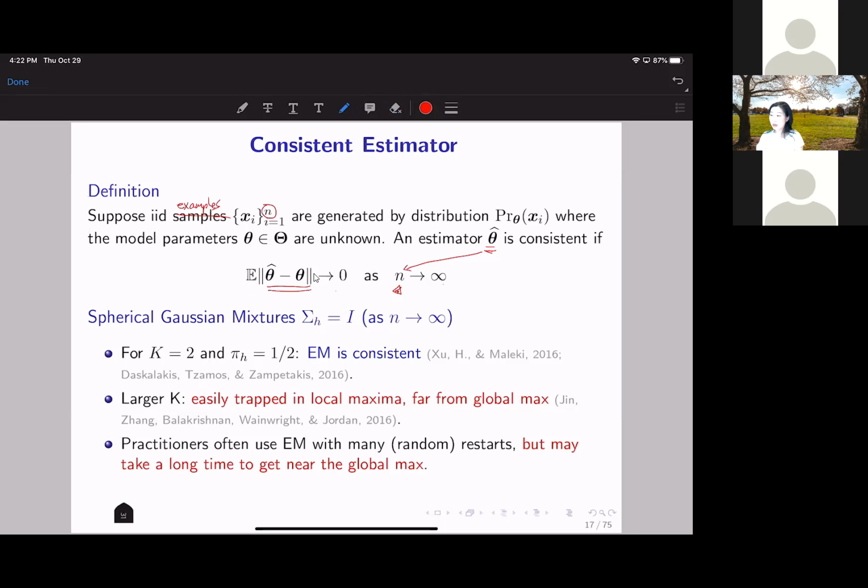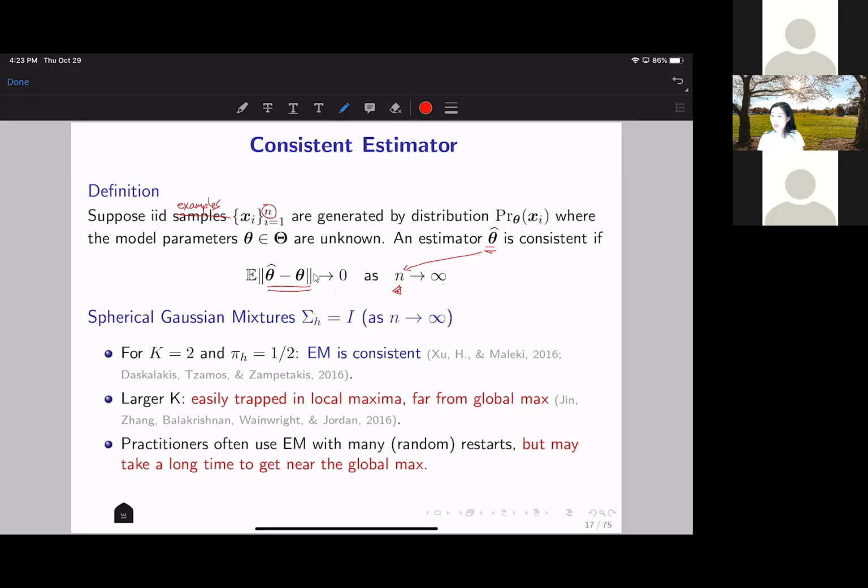It's over the randomness of the algorithm, and it's also over the distribution of the underlying data X. So it is not only the expectation over the distribution of X, but also over the randomness of the algorithm. Sometimes your algorithm is a randomized algorithm, so you might get randomized results, but nonetheless you would get an expectation for your randomized algorithm.